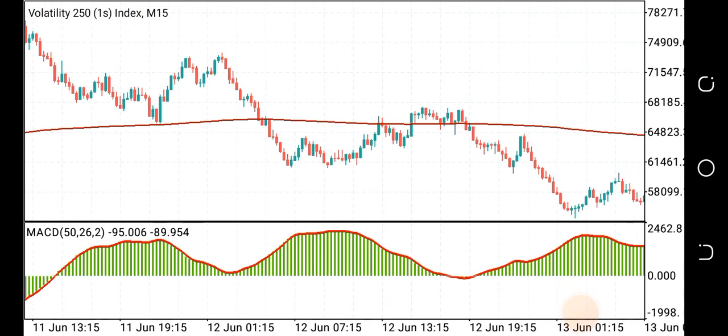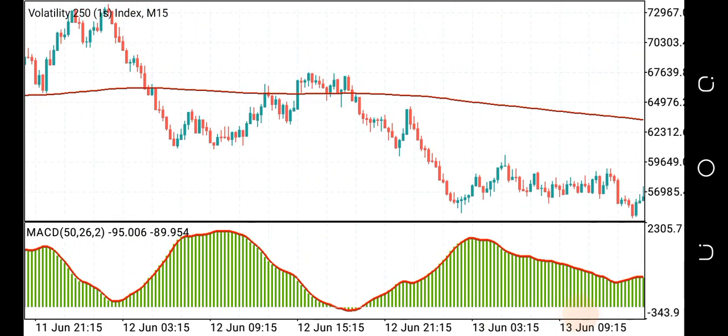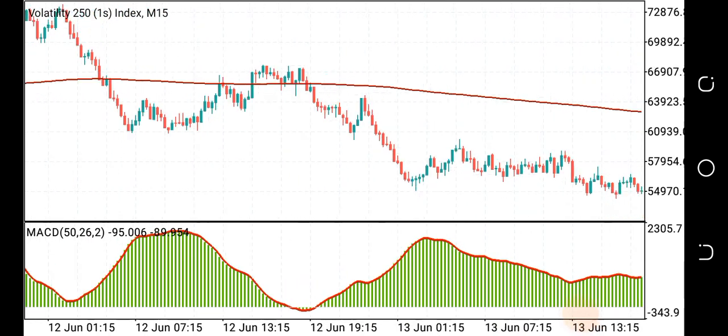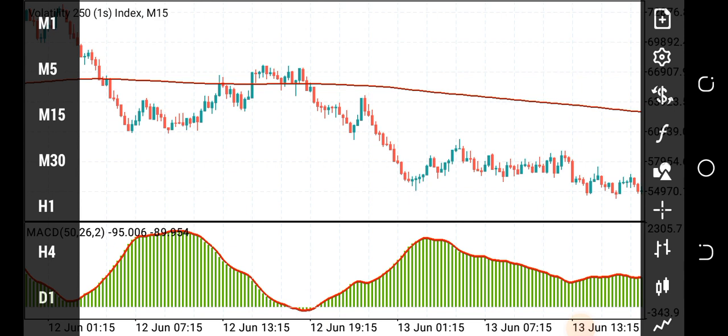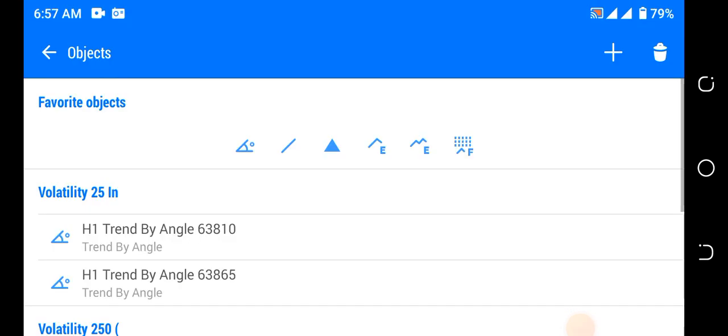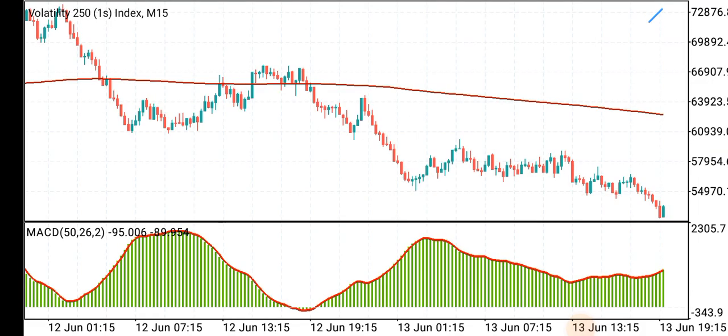As you can see from this point, the candlesticks are below the moving average. In other words, the market is trending downward. Do you understand? So like before, you can still verify this with a trend line.